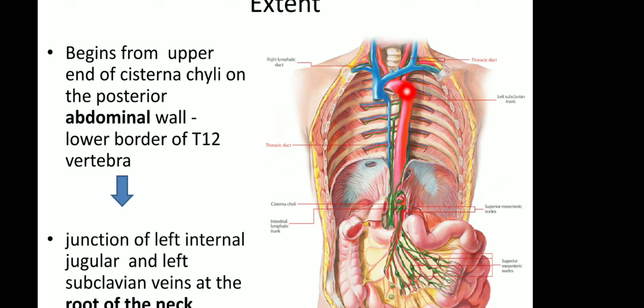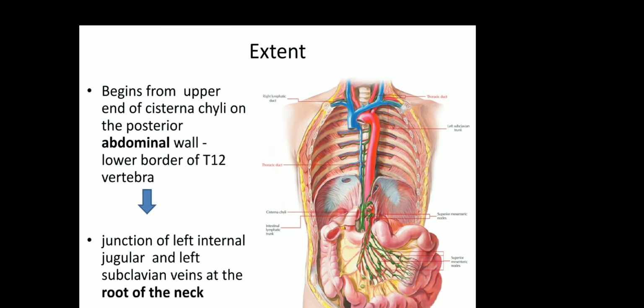Then through the superior thoracic aperture, the upper inlet of the thorax, it exits the thorax and enters the root of the neck. It terminates at the junction of the left internal jugular vein and the left subclavian vein. This is the termination point of the thoracic duct.